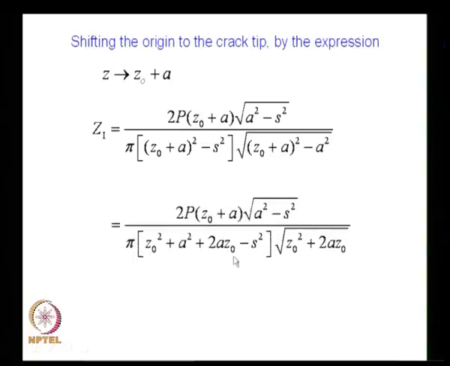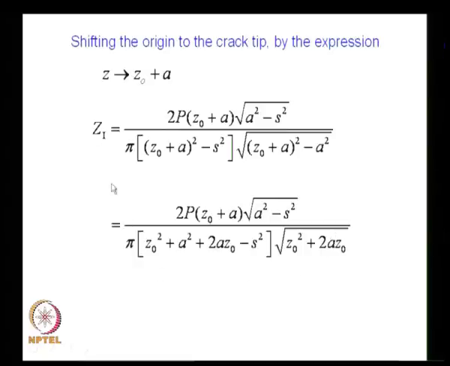The next set of expressions, you write in an expanded fashion and also simplify. When you simplify this, it reduces to z naught squared plus 2 a z naught, and now you can apply the limits. If you get 0 by 0, then you go to L'Hospital's rule and proceed to find the limits.